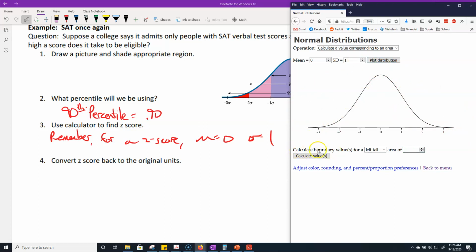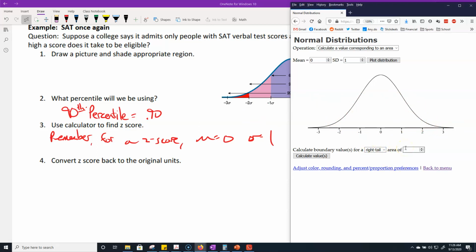And then it says calculate the values for left tail, right tail, and central. We're only going to be worried about left tail and right tail right now. Left tail means less than, and right tail means greater than, like above. Right tail would be from here over to the right. Left tail is below.